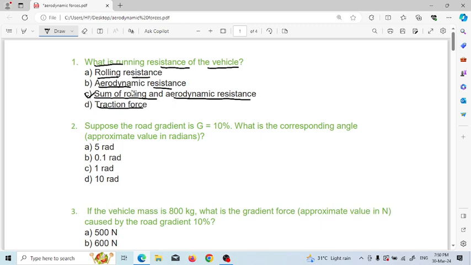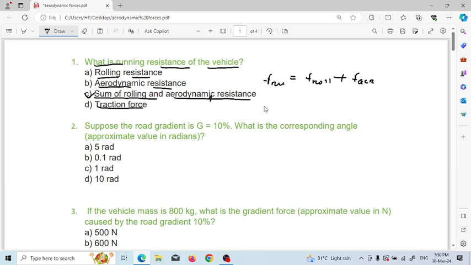The explanation of this question 1 is, F running resistance is F rolling resistance plus F aerodynamics resistance.